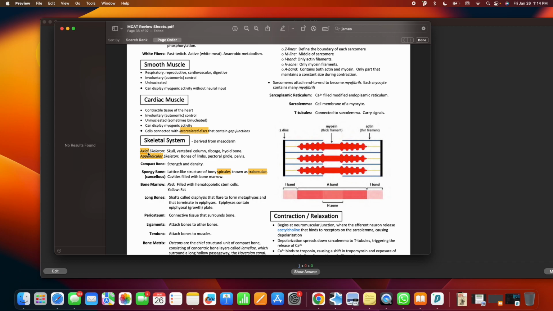So, what are examples of axial skeletal bones? It's like skull, vertebral column, rib cage, hyoid bone. Appendicular: limbs. They are perpendicular, right, to the ground. Pectoral girdle, pelvis.